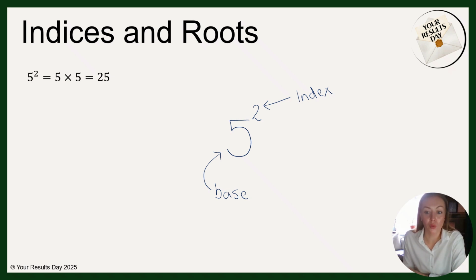So when we talk about more than one index, we are talking about indices. You may have also heard this referred to as a power. In some parts of the world, depending on where you're watching from, this might be the exponent. But all of these words just mean the same thing.